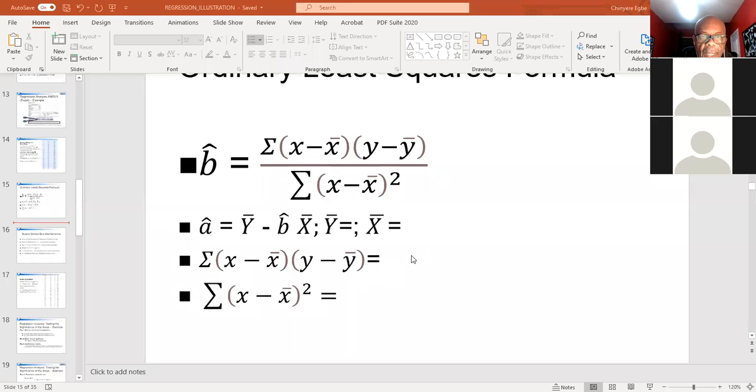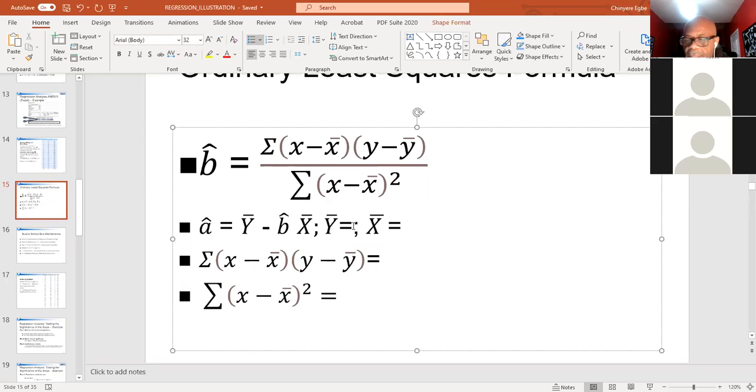So we go back to our PowerPoint. Okay, so we see Y bar is 52.3, and X bar is 10.68.